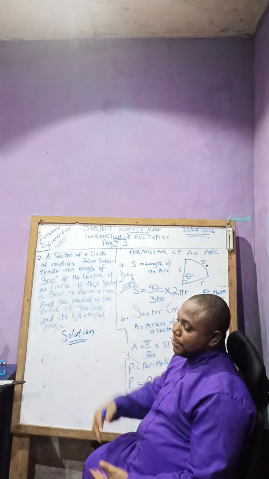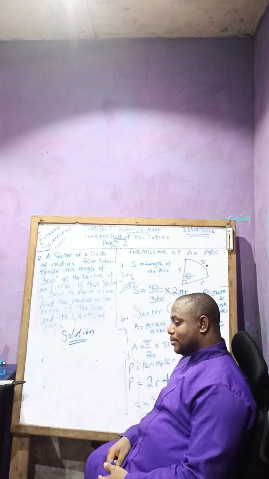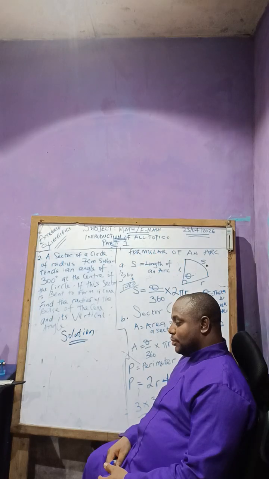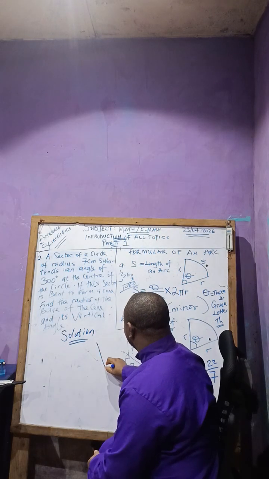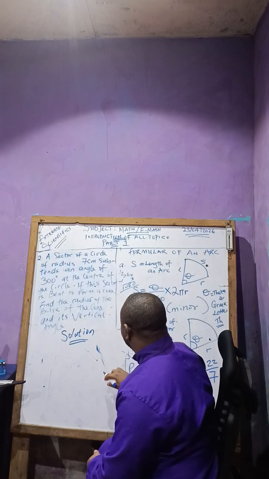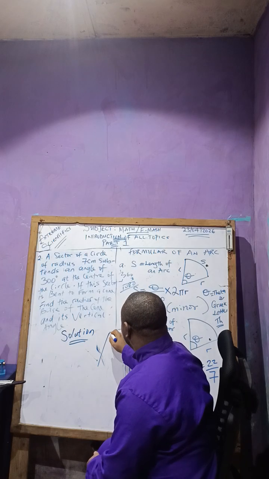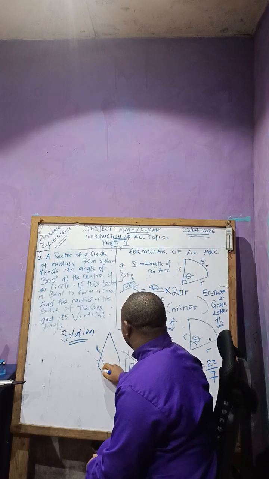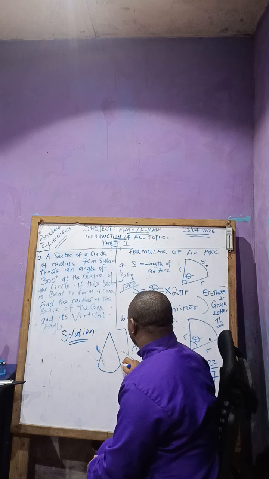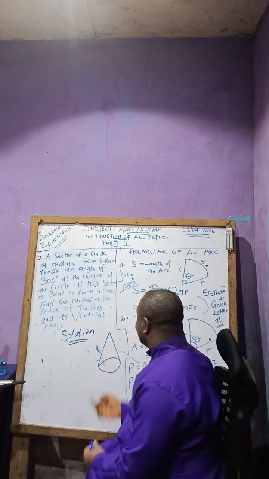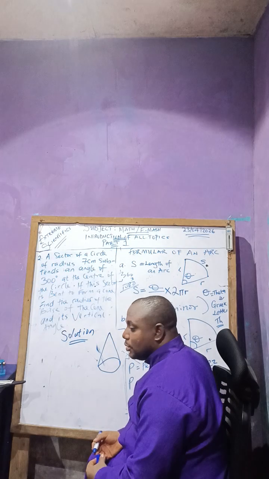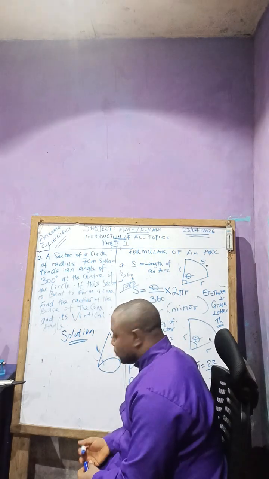You tear a sheet of paper. You draw a line like this. So this is the sector used to form a cone.